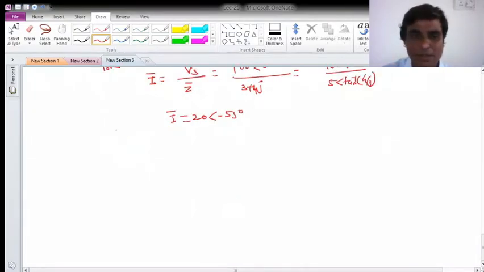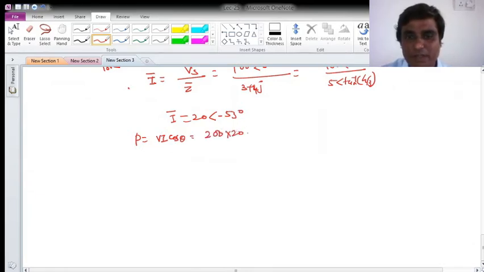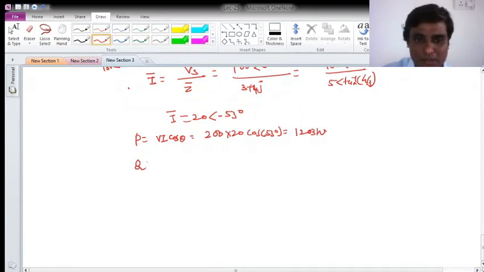Next I will calculate my active power and my reactive power. So active power will be P equals VI cos theta, assuming all values are RMS, 200 into 20 into cos 53 degree, which comes out to 1203 watt. And what is reactive power?